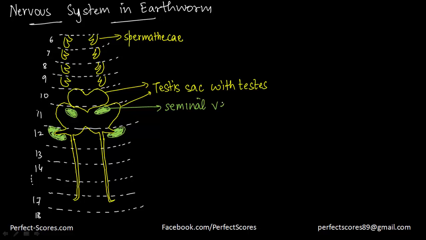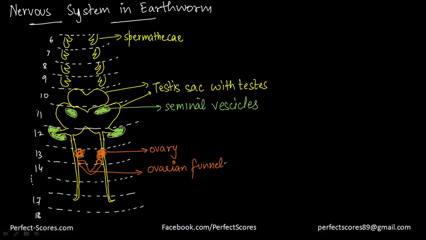So that is the seminal vesicles. These orange colored structures that you can see are the ovaries. So that is the ovary, and this funnel-like structure is the ovarian funnel. This tube-like structure that is coming from the testis sac is known as the vasa deferentia.